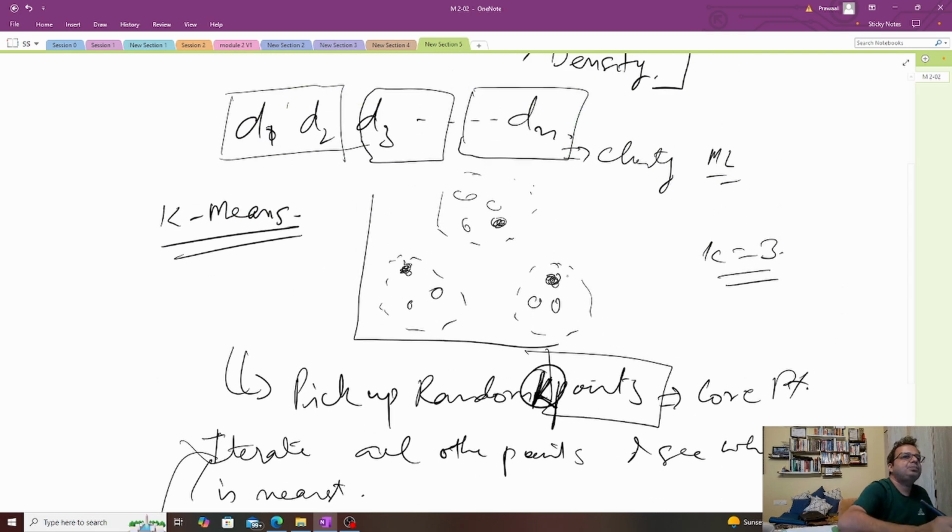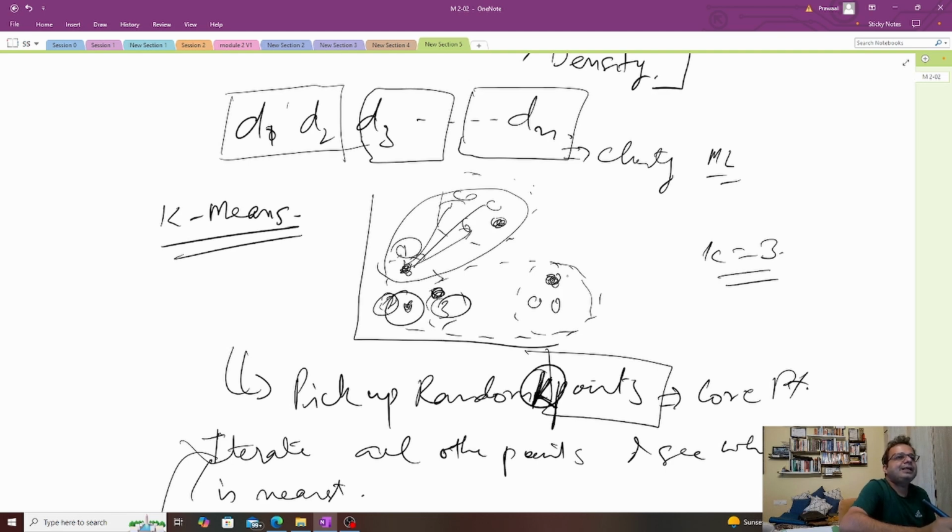Once you reach that kind of equilibrium, you have found the clusters. So let's suppose your 3 points were these 3 points initially. Say you were not so lucky, and you found this and this as your first core points. Then probably these points will become part of this cluster, and these points will probably become part of this cluster, and this will remain as is.